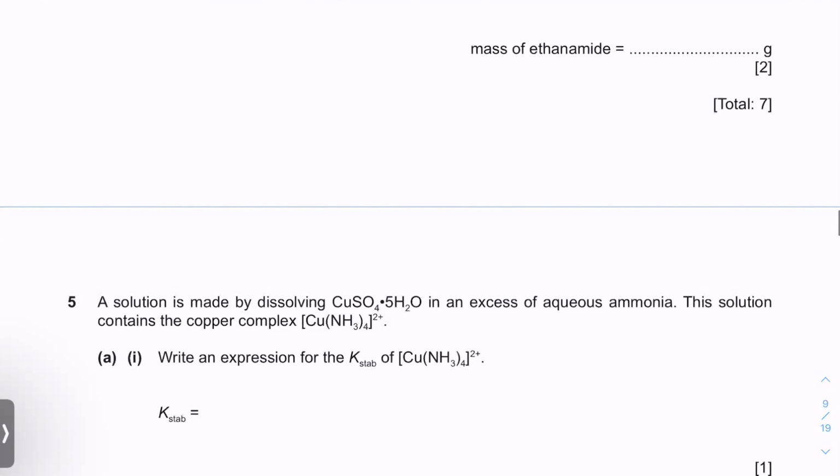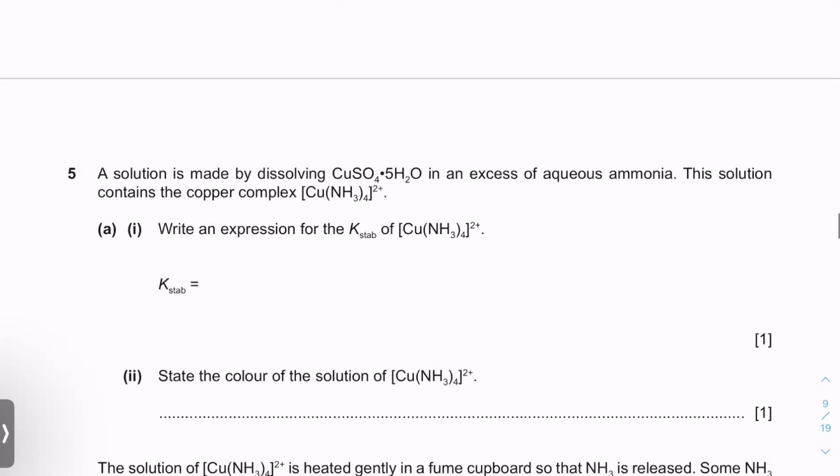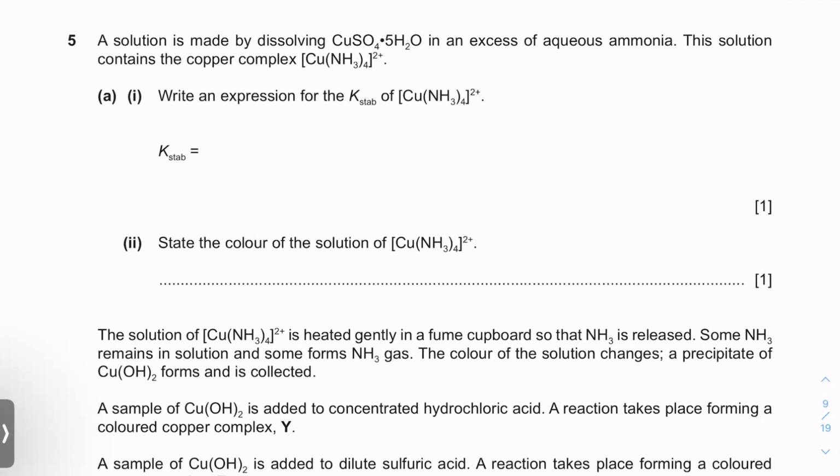Okay. A solution is made by dissolving copper sulfate in an excess of ammonia. The solution contains a copper complex. Write an expression for Kstab of this. Easy. We have the ion that is made, the complex copper 4 ammonia 2 plus, its concentration. Don't forget to put the square brackets twice.